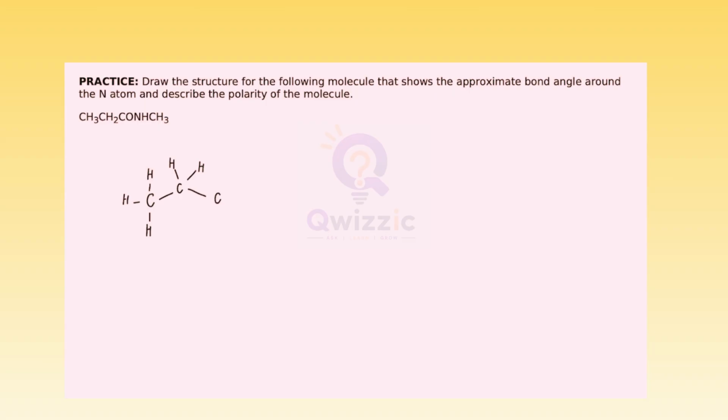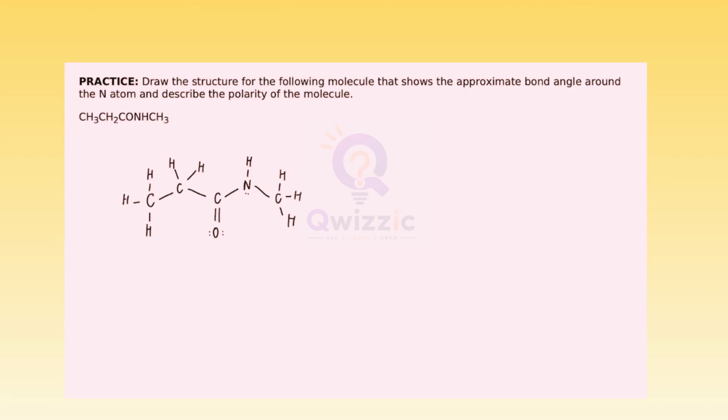This carbon will have its double bonded oxygen as its functional group here. Then we can see that it connects to a nitrogen with 1 proton, connected to another carbon, and that's a methyl group, so we have 3 hydrogens at the terminal end. And of course on my nitrogen we do have 1 lone pair to fulfill its octet, and on the carbonyl oxygen we have 2 lone pairs present.